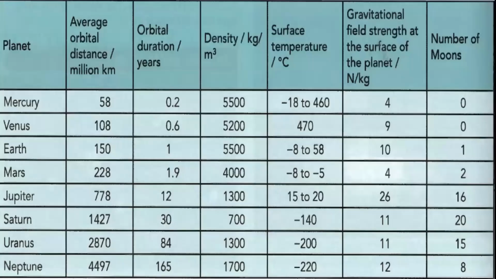See, this is the orbital distance a, and this is the orbital duration. As we move away, the orbital duration is increasing. If the objects are far from the sun, they will take much longer time than objects which are closer.